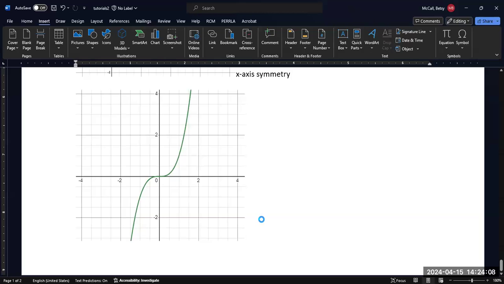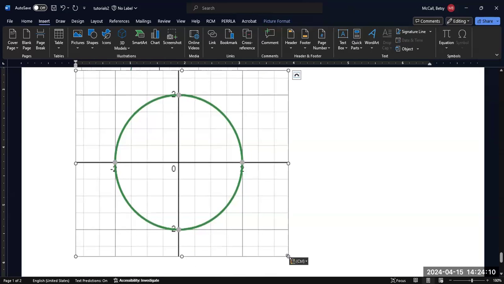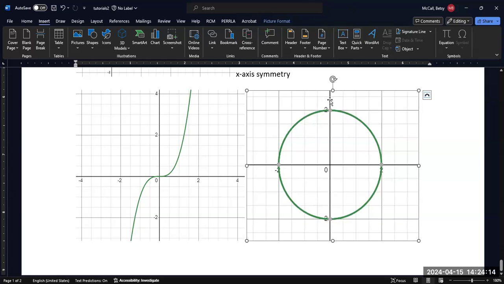So another example like that would be something like this, where we have a circle. And again, if you look at the x-axis symmetry, it is the same both top and bottom. It's also the same both left and right. That has both x-axis and y-axis symmetry.